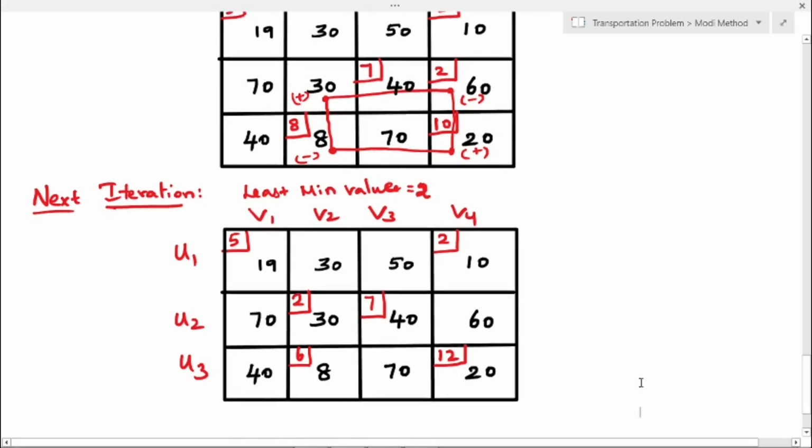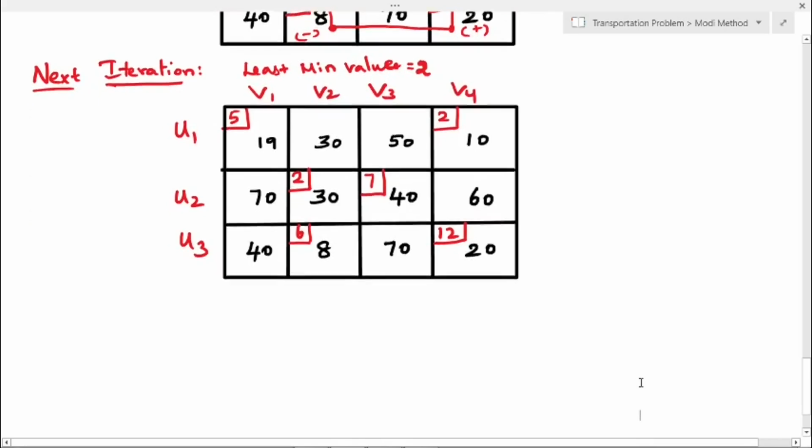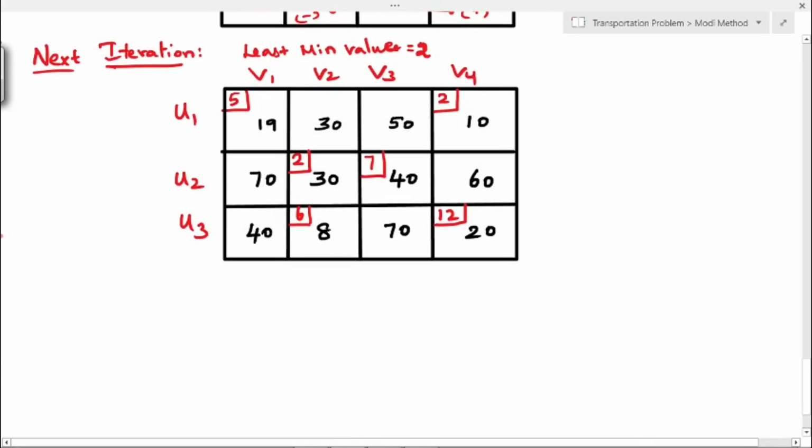First, for the occupied cells, we have to use the equation Ui plus Vj equal to Cij. So I will directly write the equations. See, the first occupied cell is first row, first column.